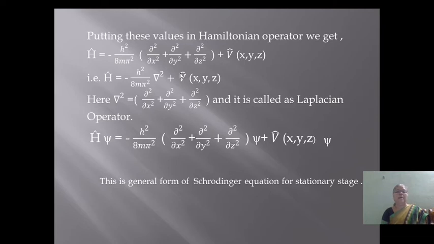Then comparing this equation with the energy equation, we can write Hamiltonian operator into psi equal to minus h square upon 8 pi square m in bracket dou square by dou x square plus dou square by dou y square plus dou square by dou z square into psi, plus potential energy operator along x, y, z into psi, and it is equal to E psi.